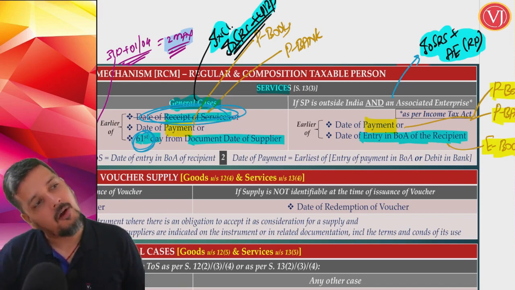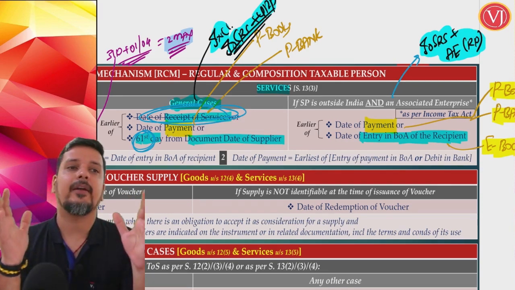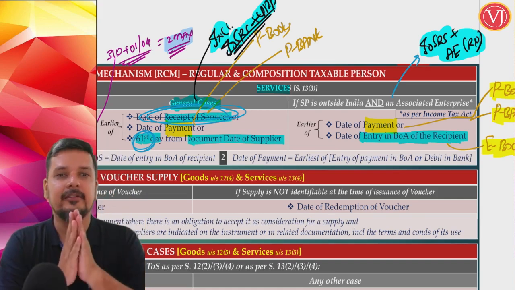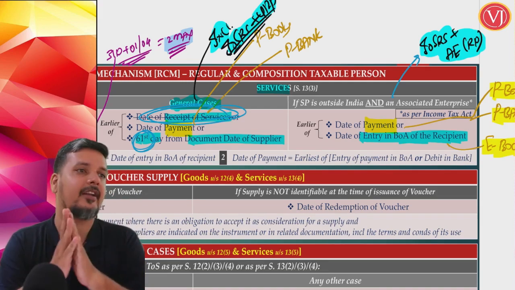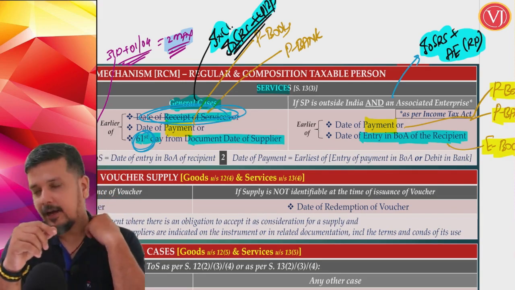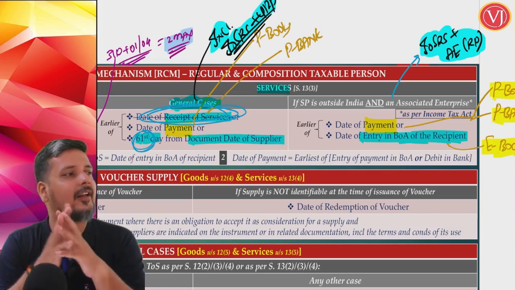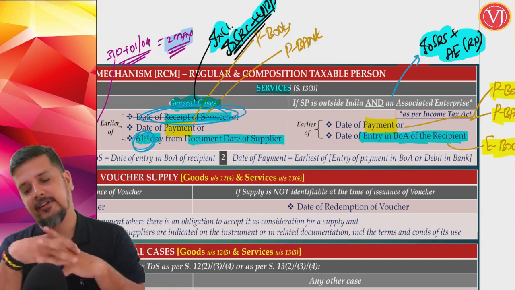Importation of services also comes in general category. Out of about 20 cases of RCM for services, 19 will always be covered in general category. The 20th, importation of service, will also be covered in general category, but only importation of services from associated enterprises, that is related person, is covered in special category.